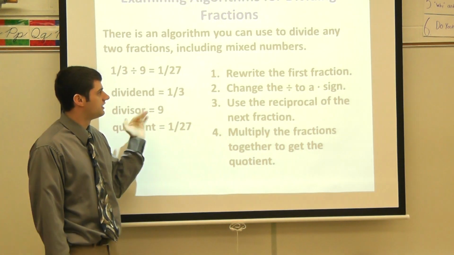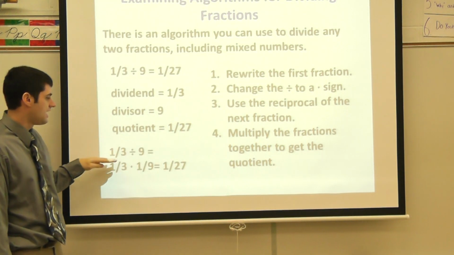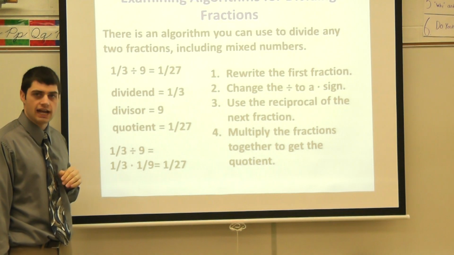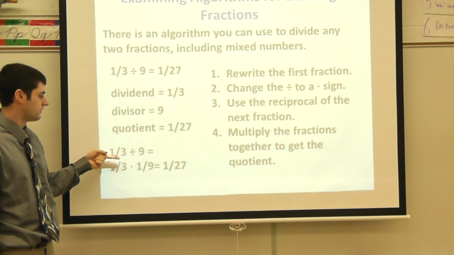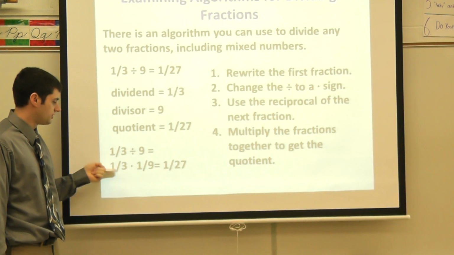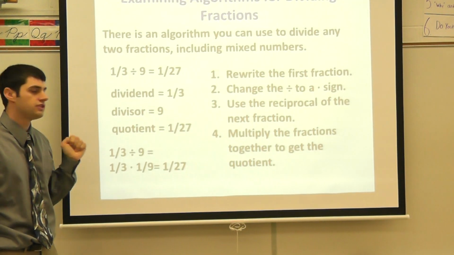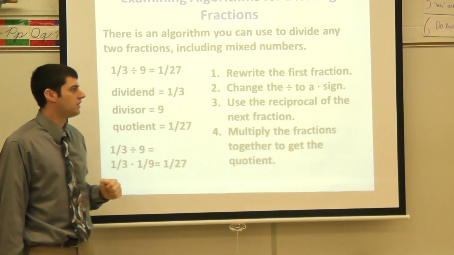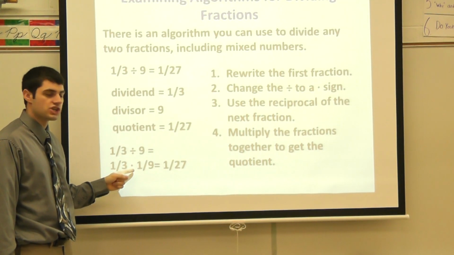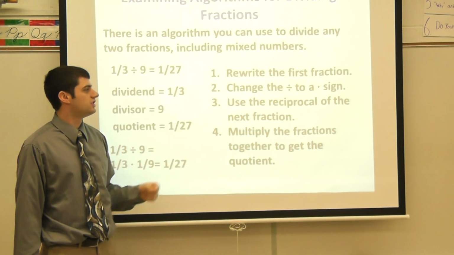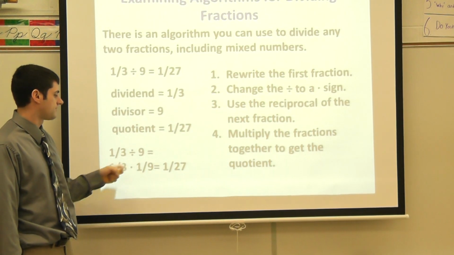Well, let's take a look at this problem here. I did 1/3 divided by 9. Okay, let's follow step 1. It says rewrite the first fraction. Well, if it's 1/3, I'm just going to rewrite it as 1/3. Step 2: change the division sign to multiplication. Okay, so I change it to multiplication. Step 3, it says use the reciprocal of the next fraction.